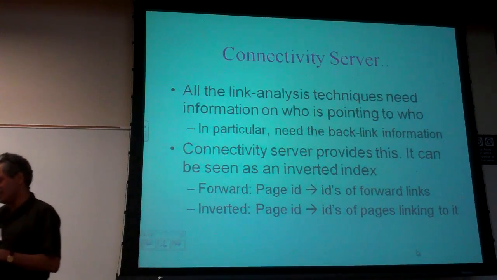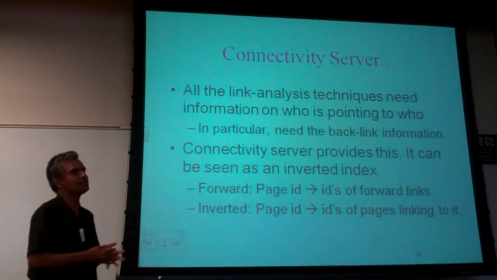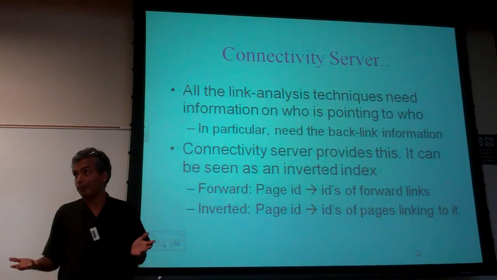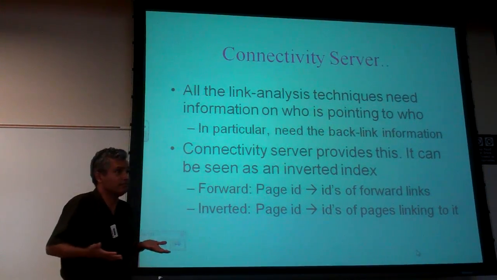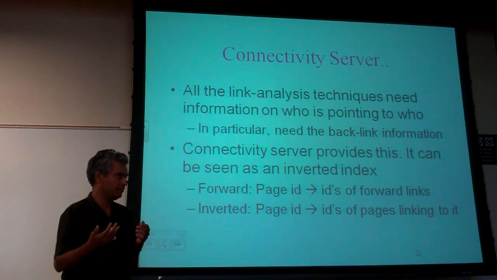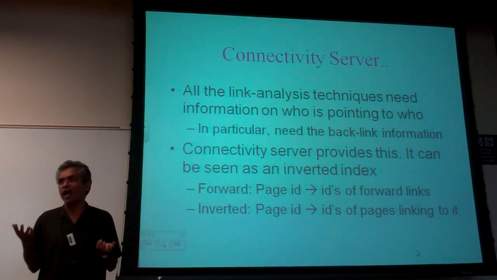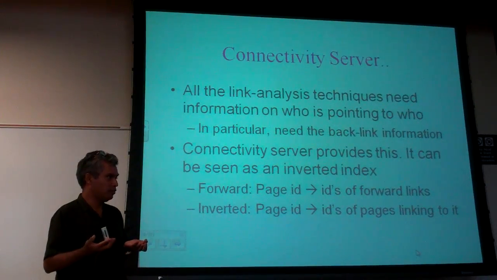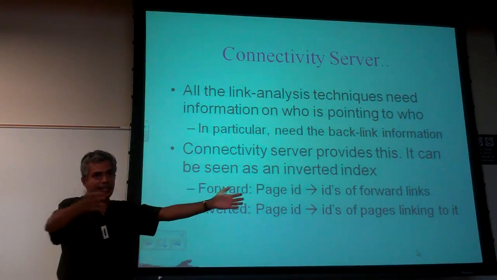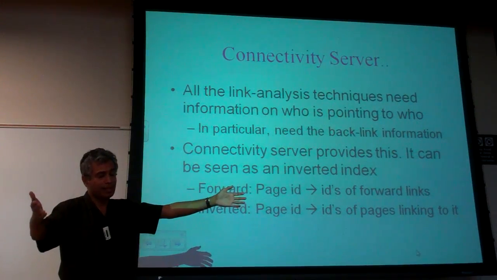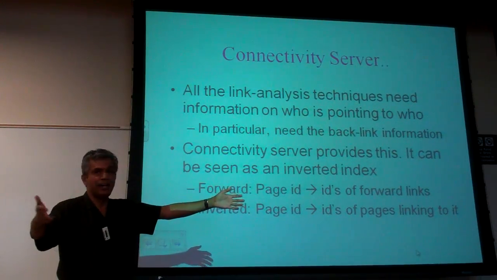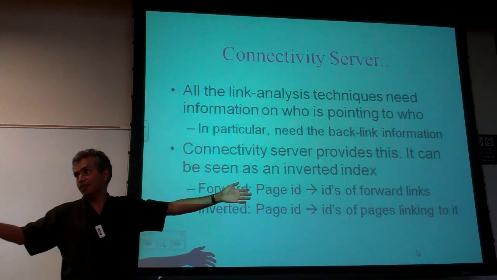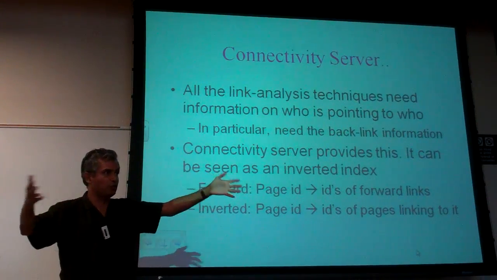But current day search engines do all sorts of tricks, including, for example, trying to see if there is something there. How hard is it to actually decide whether or not there is a server at a particular URL? You just need to get the IP address, and an IP address is just these 4 fields.